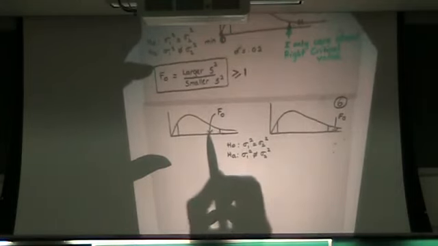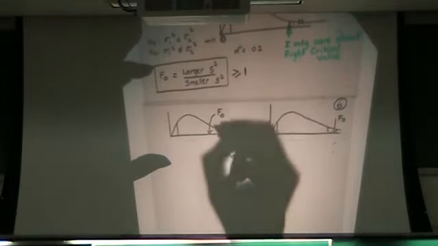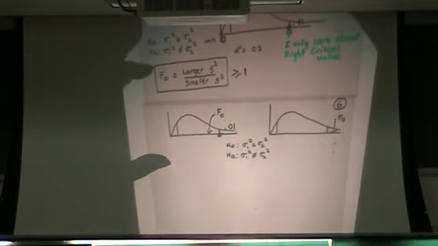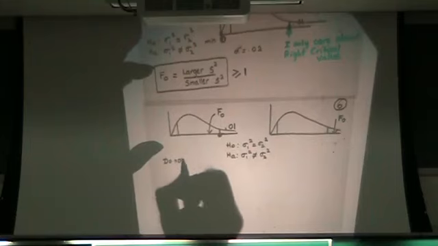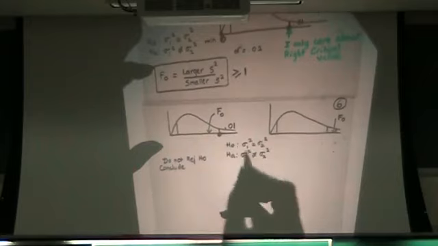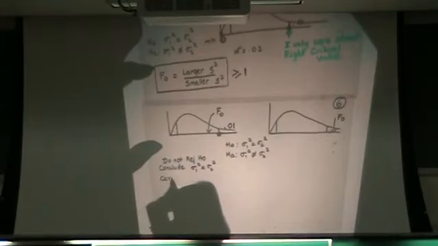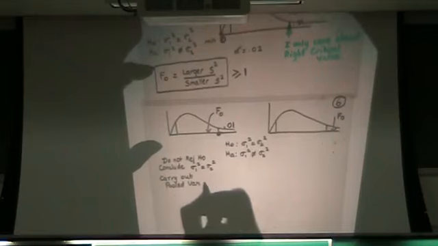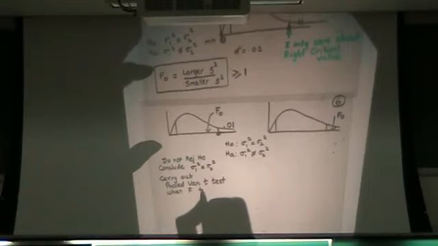So if it falls to the left of this critical value, which is the only value I care about for the 0.01, then I'm going to do not reject H naught and conclude that sigma 1 squared equals sigma 2 squared, and carry out a pooled variance t-test when the F test is not significant.